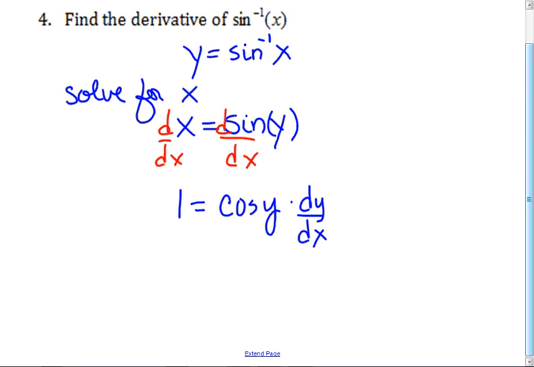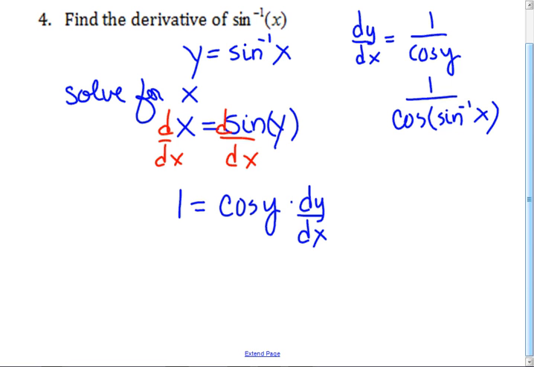So if you solve for dy dx, it's equal to 1 over the cosine of y. Well, I don't want that. I want x's in my answer. So do you remember how to do that? Now you could go ahead and put cosine of inverse sine of x there. Sorry. You could do this. I don't want to do this.